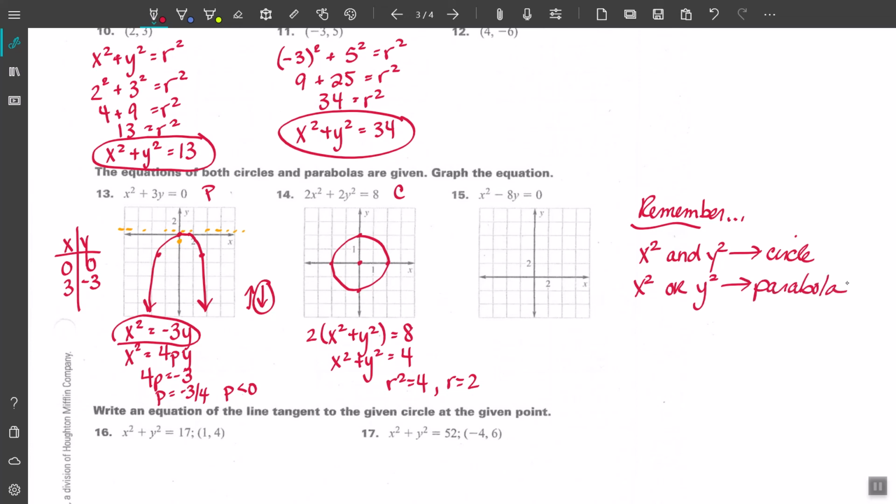And always remember, make sure you are in standard form before you try to graph it. Don't try to do anything before you make sure that the correct variable you need is solved for.